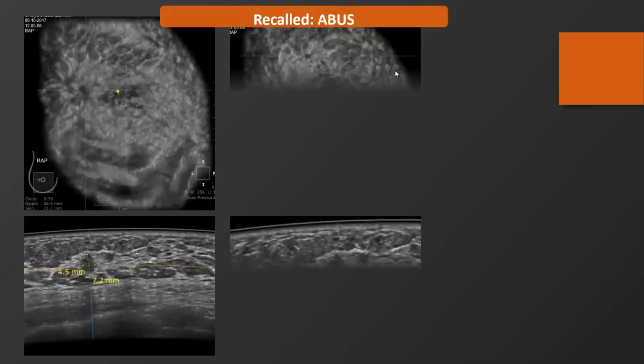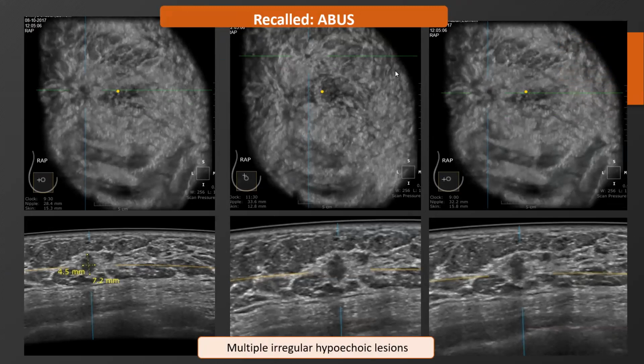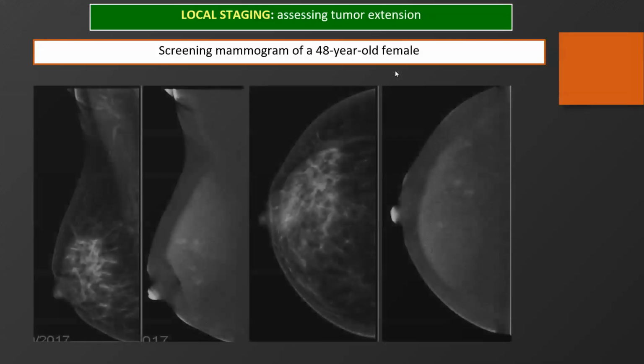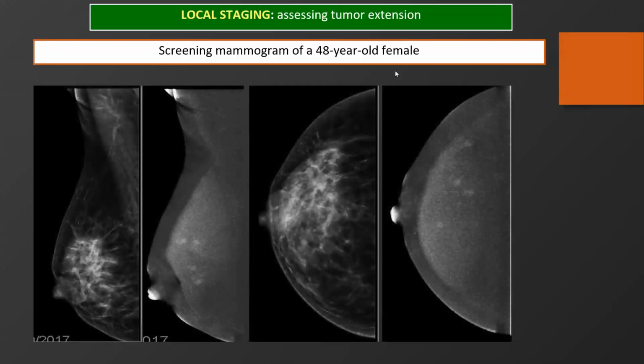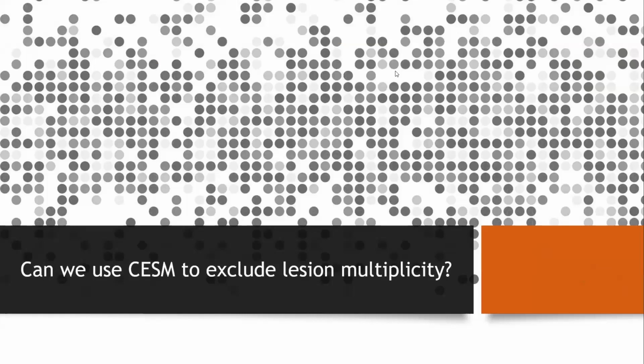Automated breast ultrasound was carried out for this patient, showing multiple irregular hypoechoic masses. But with the contrast mammography, there were multiple enhancing foci in the right breast, confirming, I think, Dr. No, this was essential for the surgeon. Yes, of course. And this was proved to be a multicentric invasive lobular carcinoma.